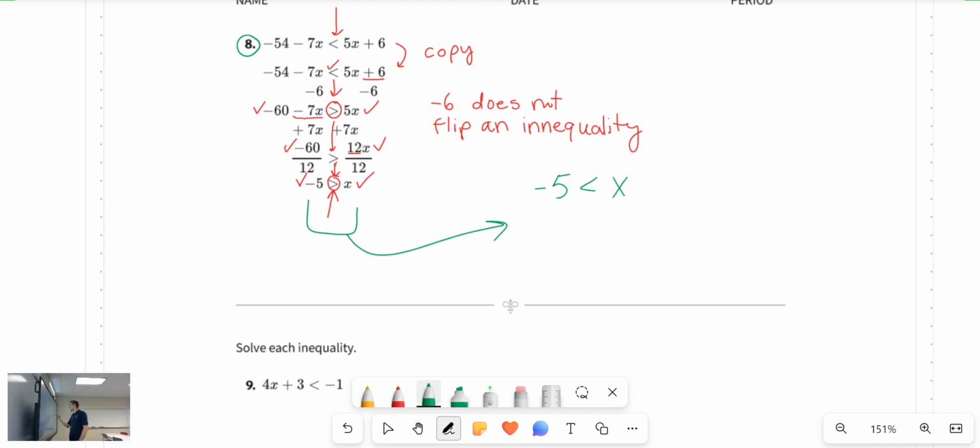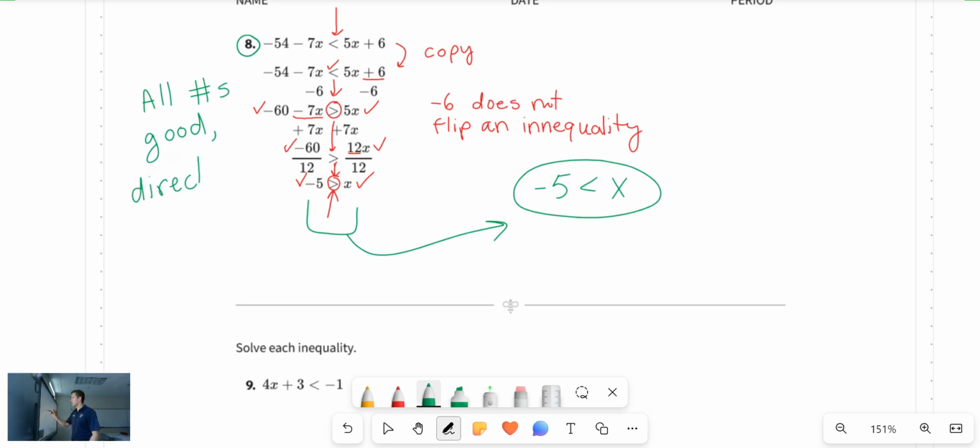Negative 5 is less than x, and that would be correct, right? Because all the numbers are fine, all the numbers are good. The direction of the inequality was the only problem.